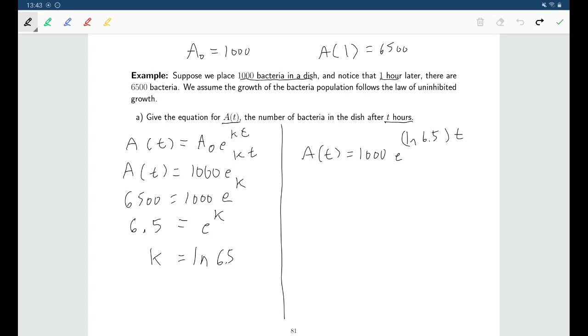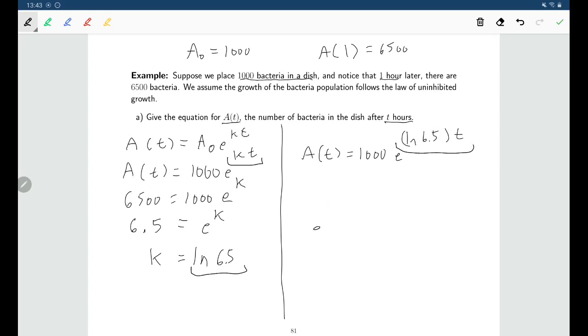We're going to do another example with this growth formula, but before we do, one thing I want to make clear here, and that's the exponent. This is a mistake that sometimes people will make. When we're looking at the power, remember it's the growth constant times t, and our growth constant was natural log of 6.5.